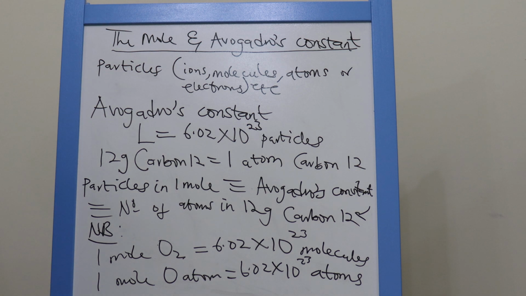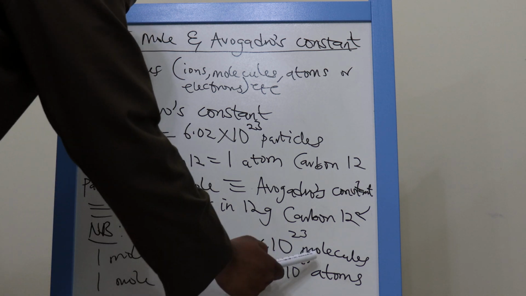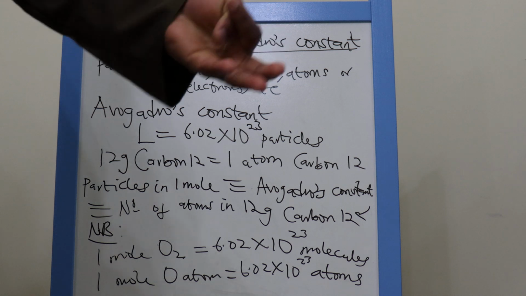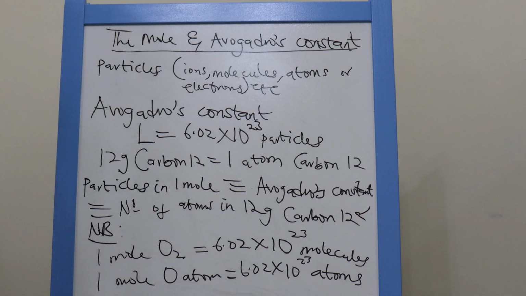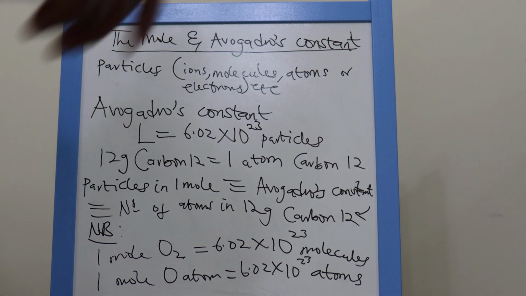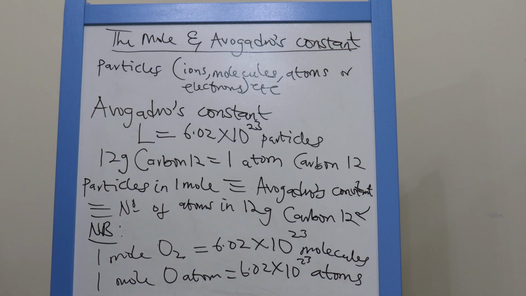That's the number of particulate atoms it contains, or the number of particulate molecules, because the particles, as I told you, can be ions, atoms, molecules, or electrons, not anything out of these four which makes sense.